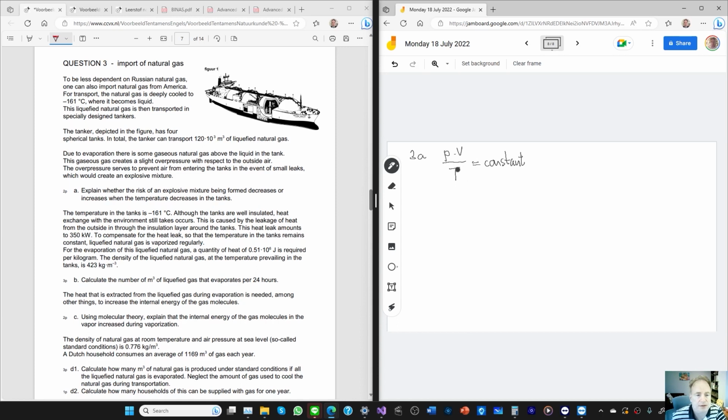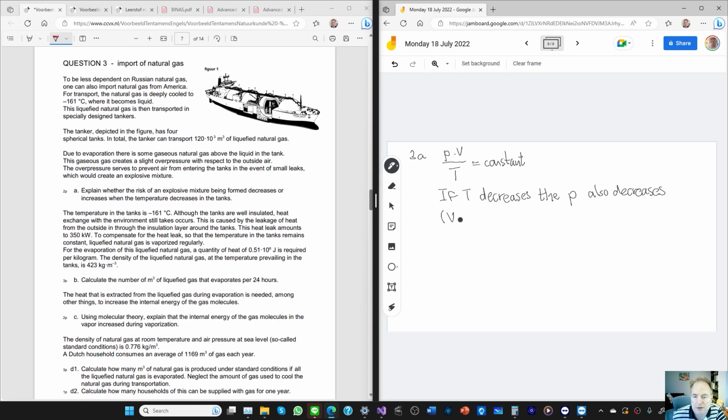And that means that if the temperature decreases, so if T decreases, the pressure P also decreases, since the volume of a tank doesn't change.